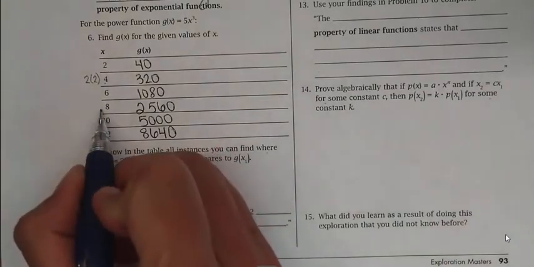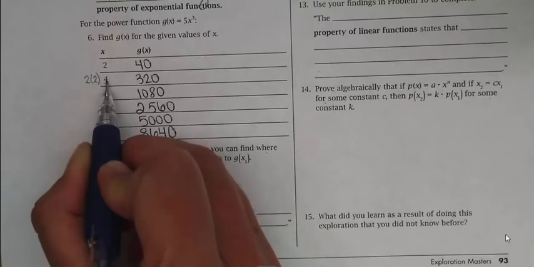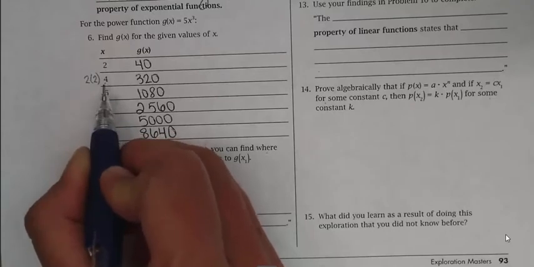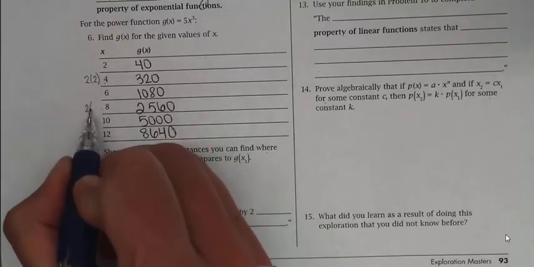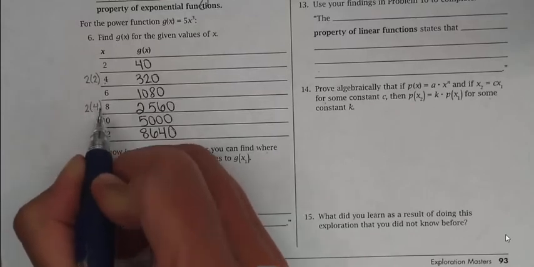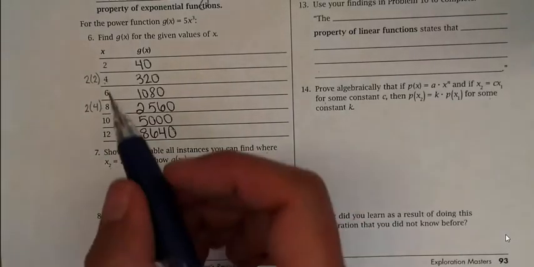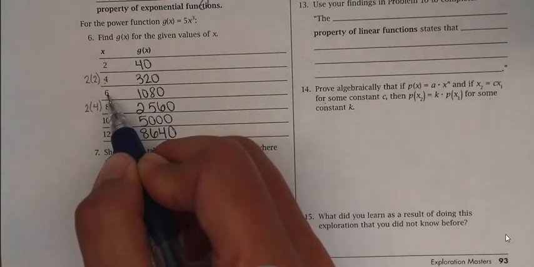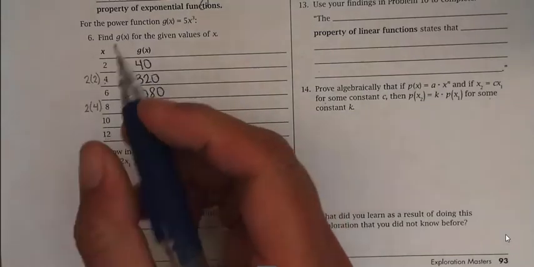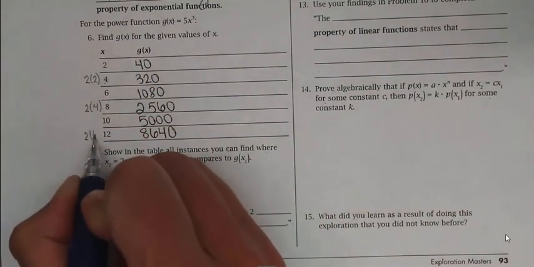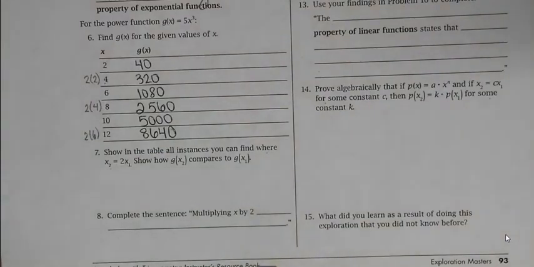If I called my x1 4, then this would be 2 times x1, or 4. 6, if I multiply that by 2, I'll get 12, right? So this is 2 times 6.